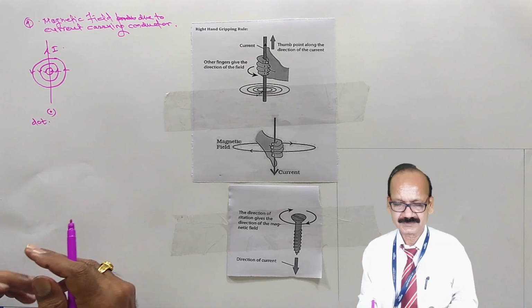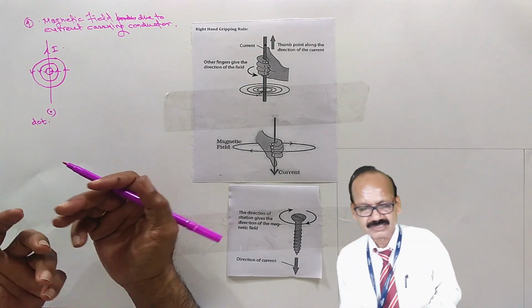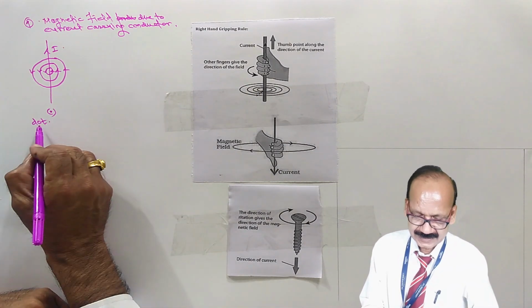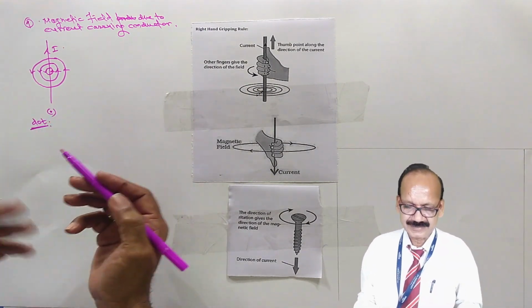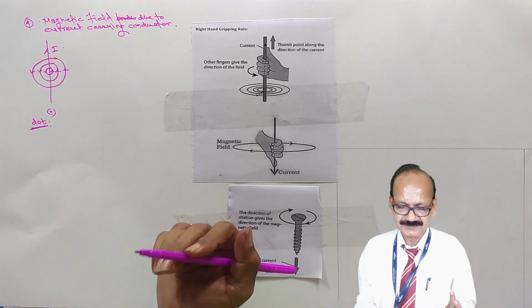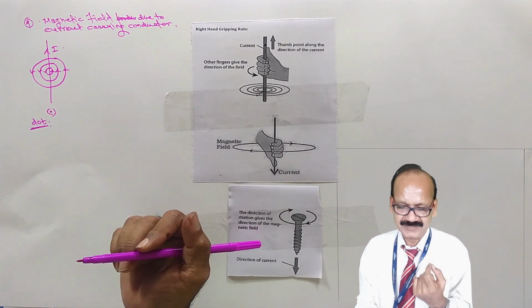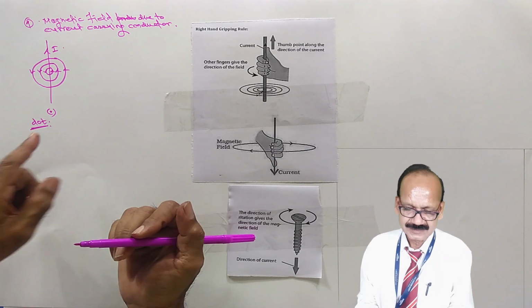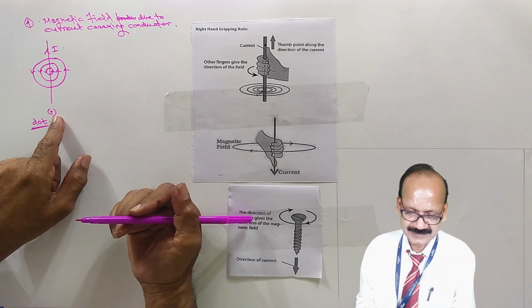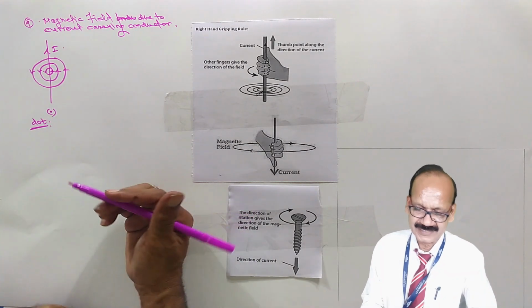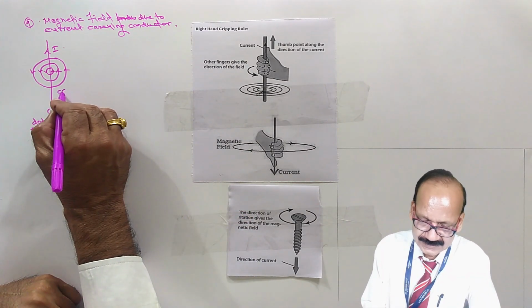That is, it is coming towards the observer, just like an arrow coming towards the observer. So we can observe the tip of the arrow, and hence it is represented by the dot. So the direction of magnetic field is counterclockwise.